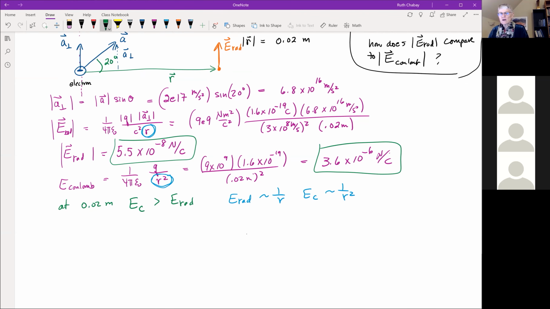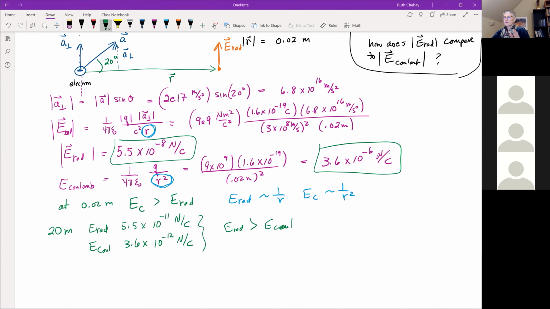If we do this at 20 meters, we find that the radiative electric field that an observer would detect is 5.5 times 10 to the negative 11 newtons per coulomb. But now the Coulomb electric field is only 3.6 times 10 to the negative 12 newtons per coulomb. So E radiative is bigger than the Coulomb field, and as we get farther and farther away, that trend will only amplify. So at 200 meters, there is a factor of 100 difference.